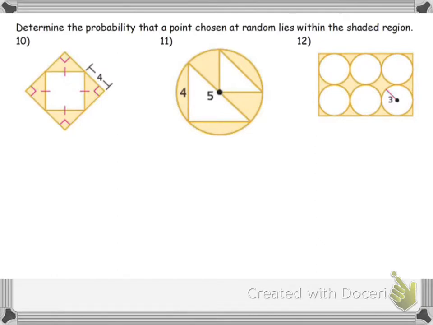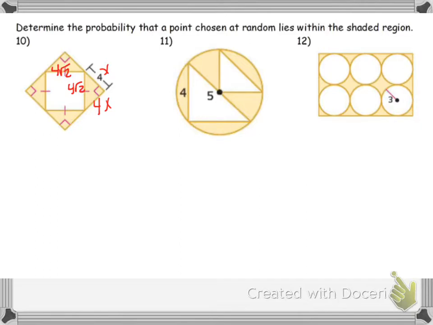I'm going to think, okay, well, if that's 4, this is 4. Okay, and this would be a 45, 45, 90, which means all these tick marks inside would be 4 root 2. Okay, because it's x, x, x root 2.